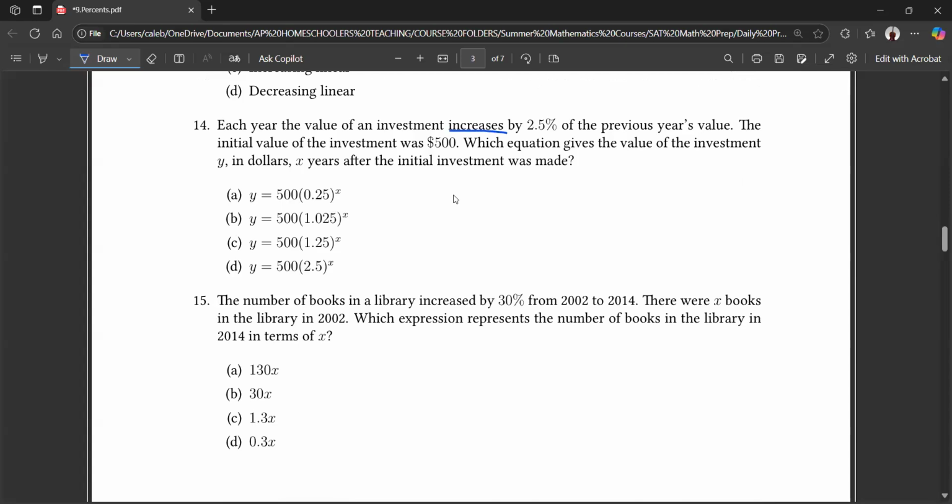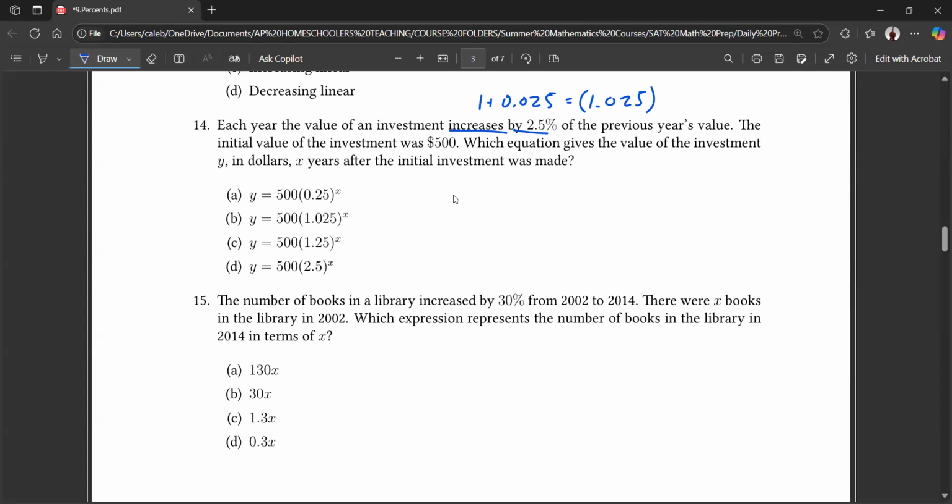Okay, fantastic. So if it's increasing, that's signaling to me that we're going to have something greater than 100%. Specifically, it's going to be 1 plus this 2.5%. And so that's what 2.5% looks like. So I'm anticipating seeing a 1.025 somewhere. So straight off the bat, I'm looking for this number.